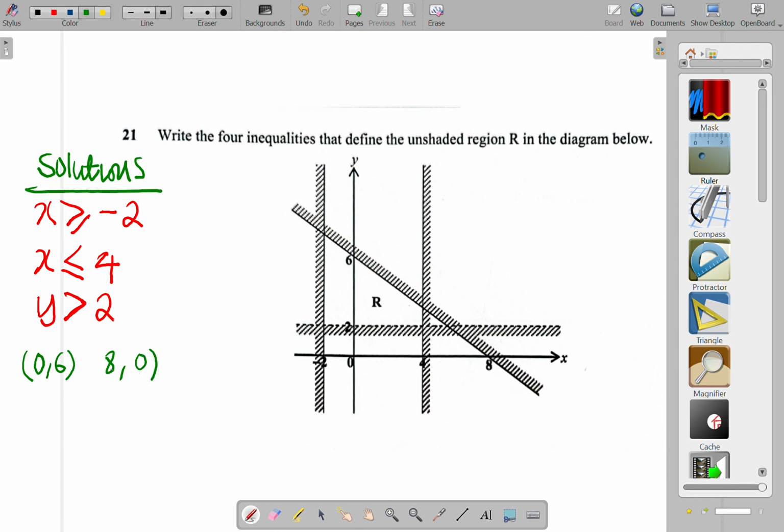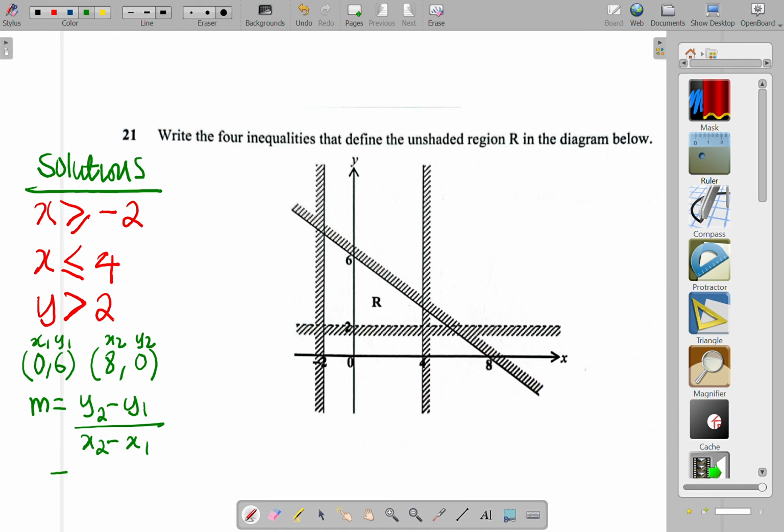I'll call these x1, x2, y1, y2, and then m is equal to y2 minus y1 over x2 minus x1.